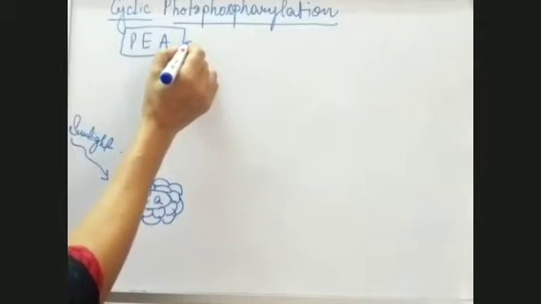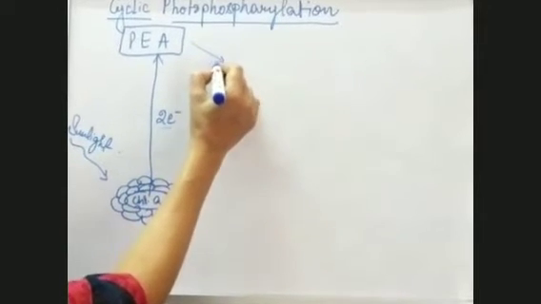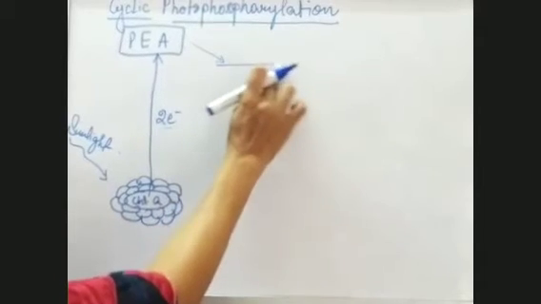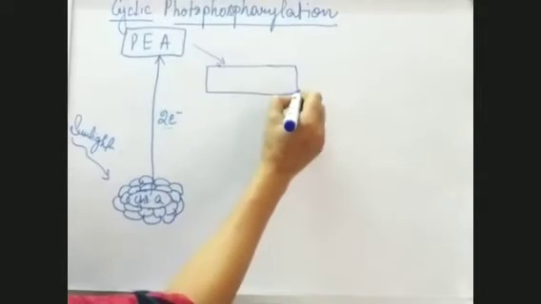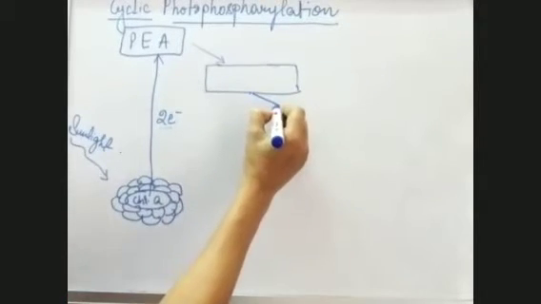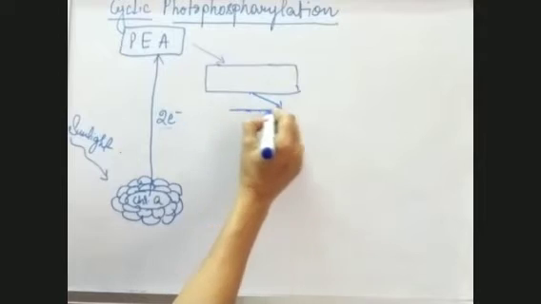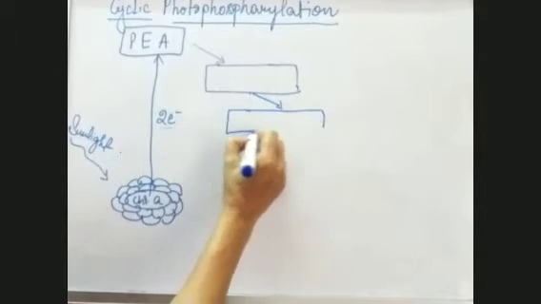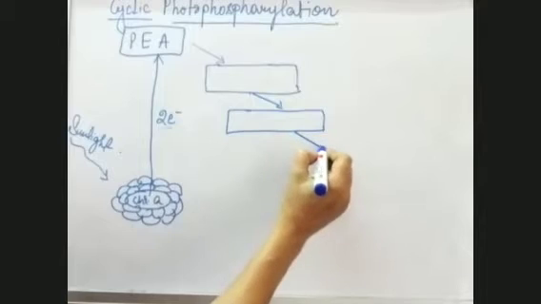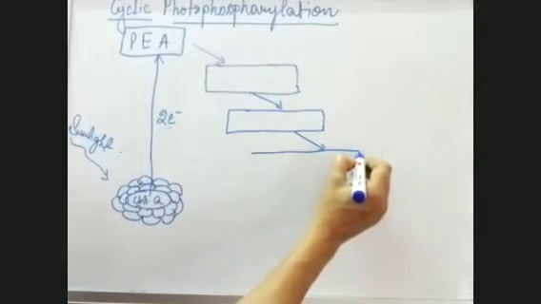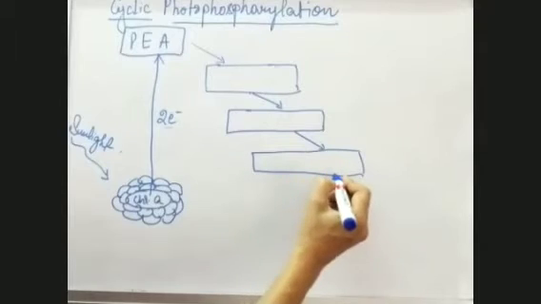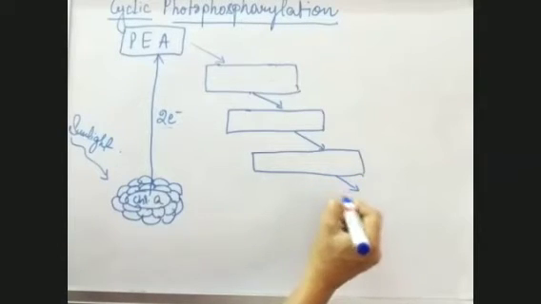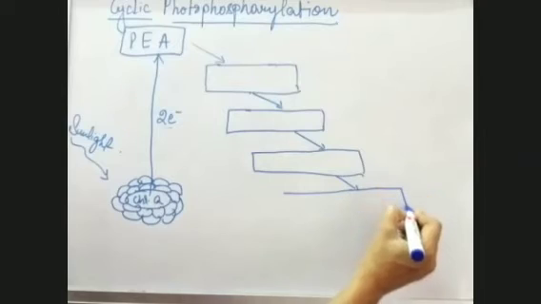So we are going to make 4 boxes. The first box has the first complex, the second box has the second complex, the third box, and the fourth box, which has the fourth complex.